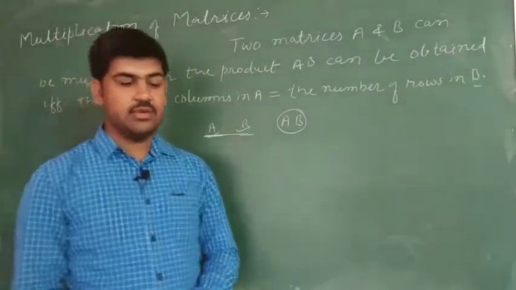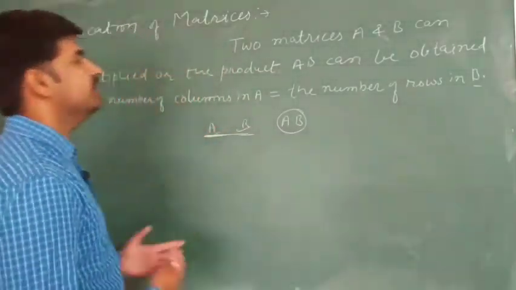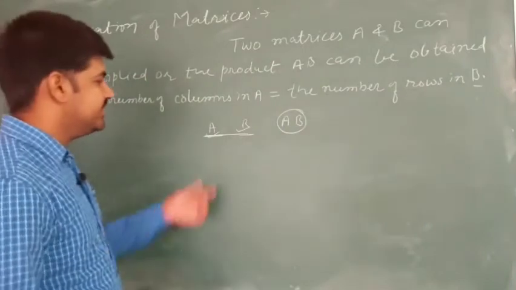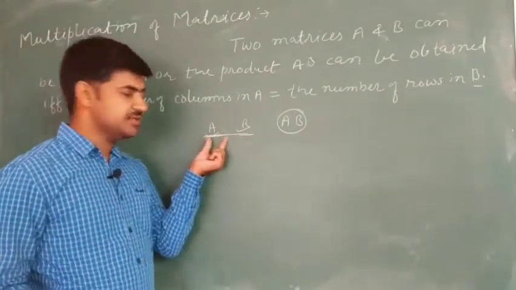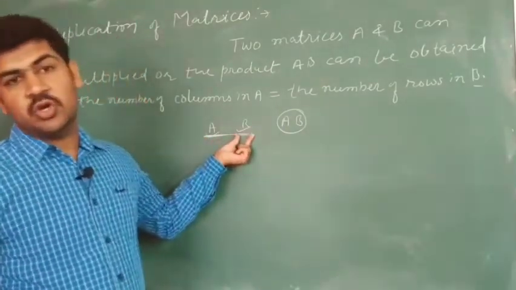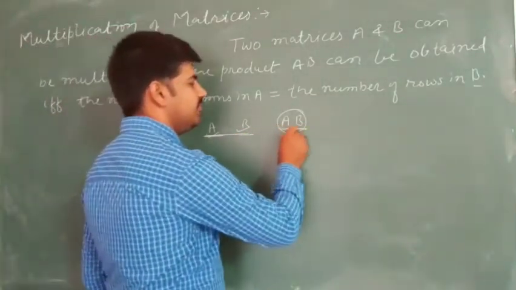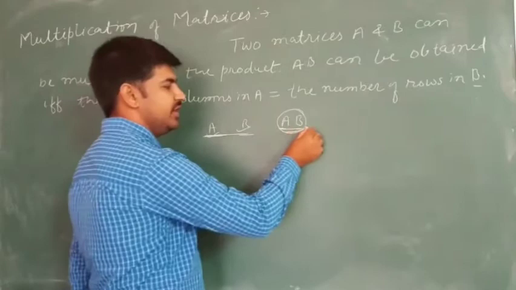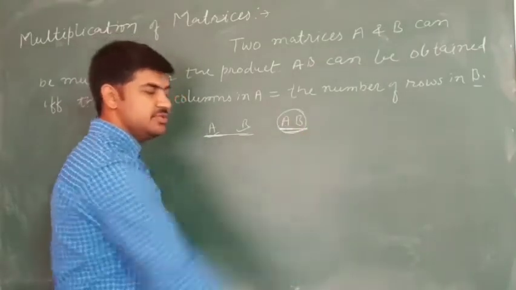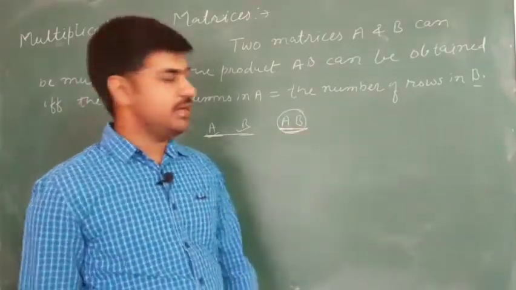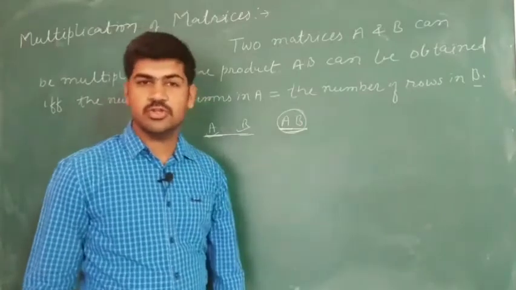Okay, now we will be taking two matrices A and B such that the number of columns in the first matrix is equal to the number of rows in the second matrix. Suppose we get AB, that is the product of A and B. Here A is called the pre-multiplier and B is called the post-multiplier.